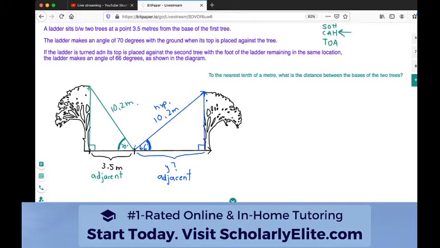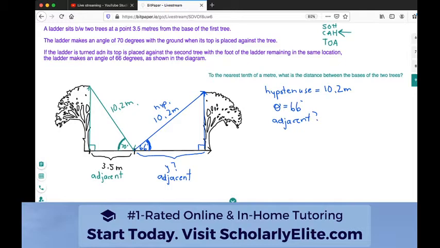That's the adjacent there. And we're going to try to solve for the adjacent. So I'm going to write down the stuff I know. I know the hypotenuse length is equal to 10.2 meters. I know that the angle theta is equal to 66 degrees. And I don't know the adjacent, but that's what I want to solve for. So we can definitely do that.